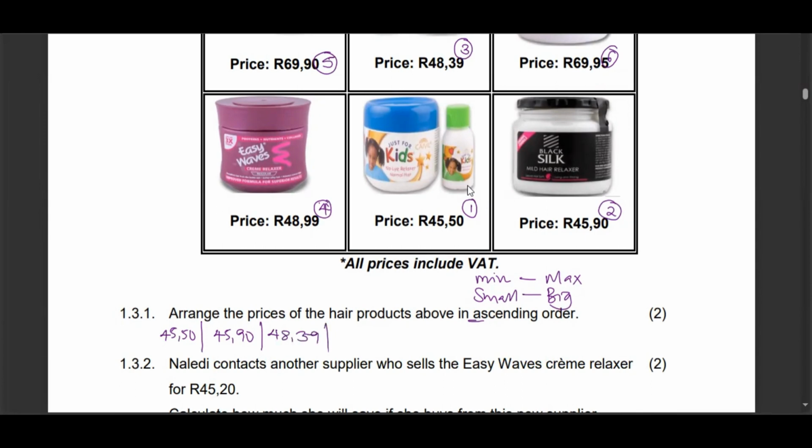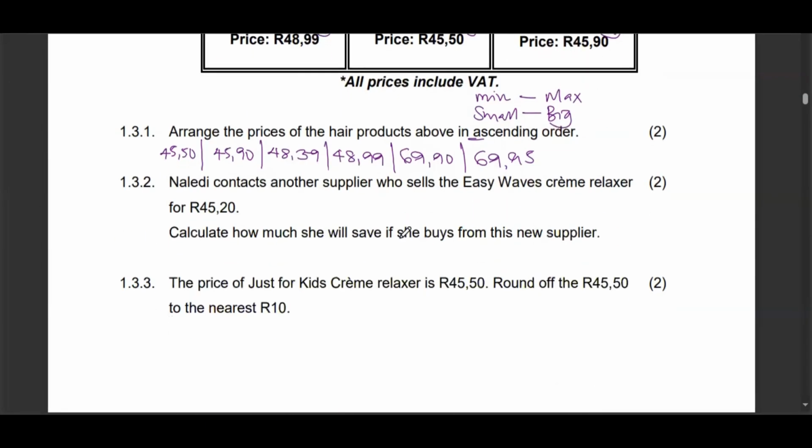Number 4 will be 48 rands 99. Then we go to number 5, 69 rands 90 cents. And lastly, 69 rands 95 cents. That's how we arrange from smallest to biggest.